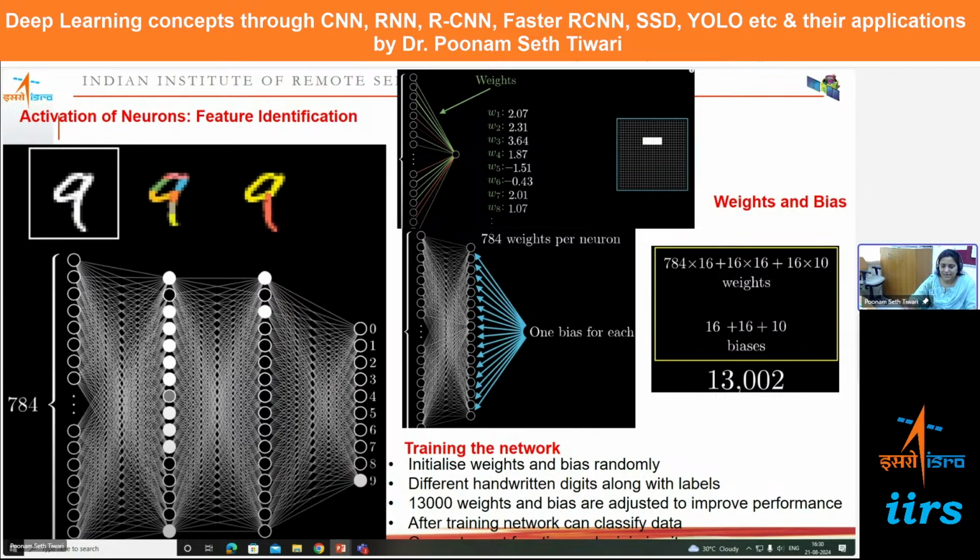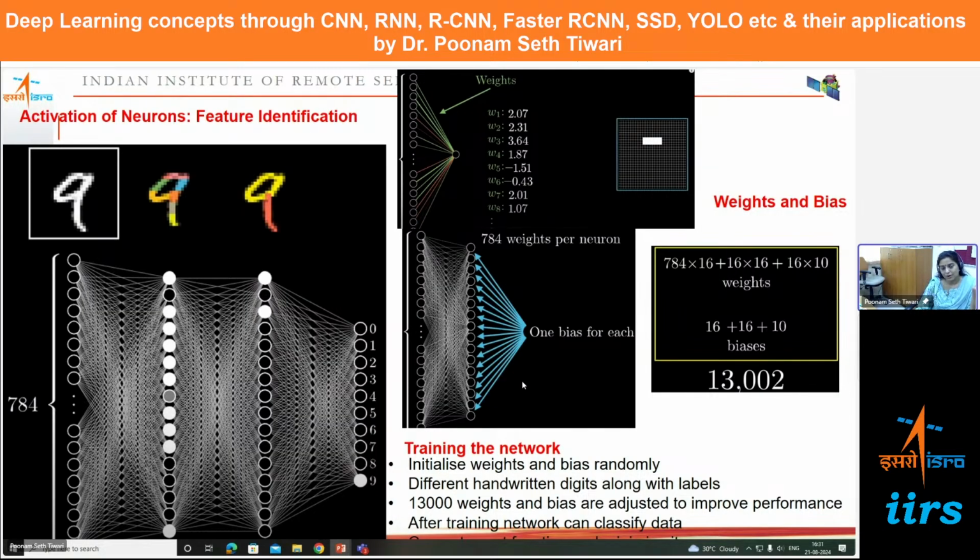In the testing data, it will check whether the weights and biases are correct, whether for the testing images it is giving good results or not. Once my model is giving good results, I can say that my model is now trained, and whenever we input any new, unknown image, it will predict the output.